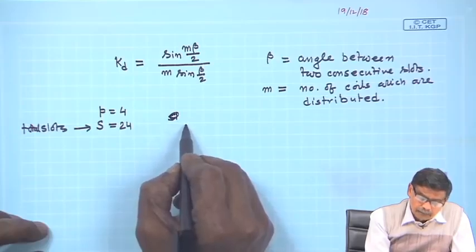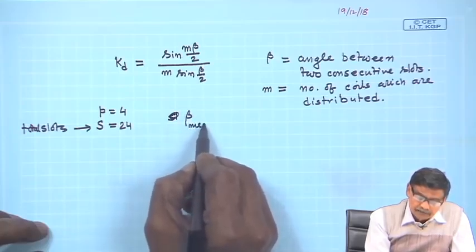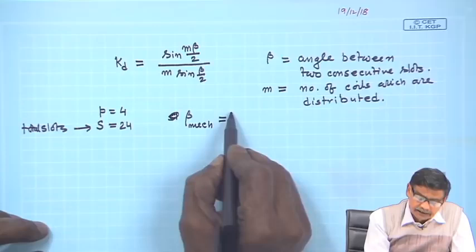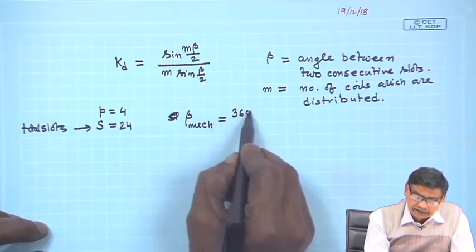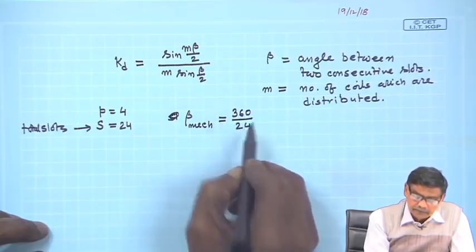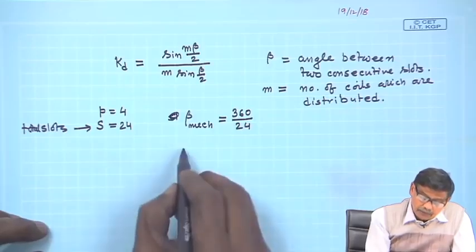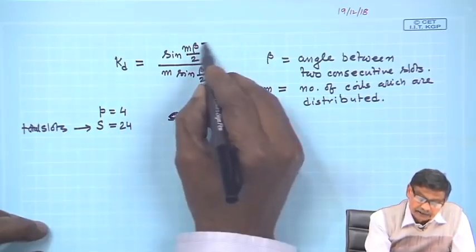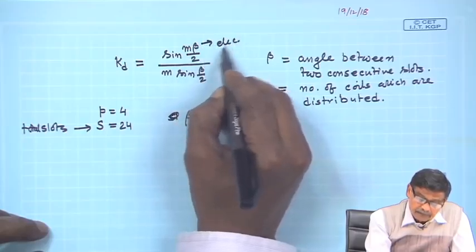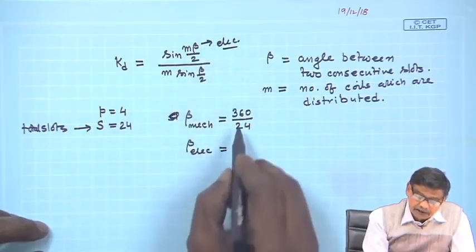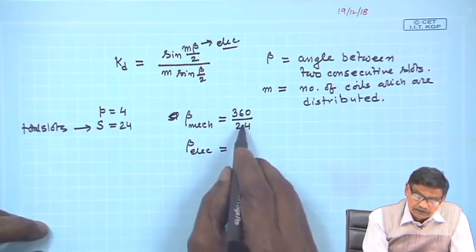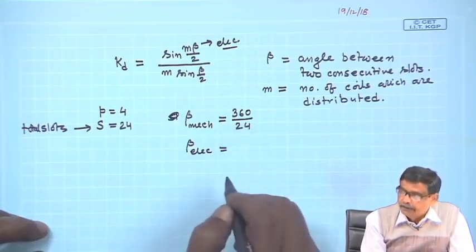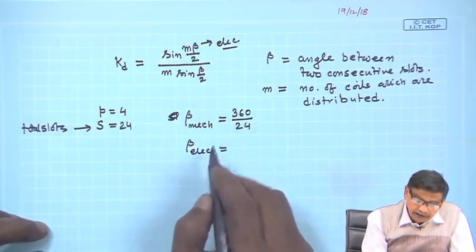Therefore, beta mechanical will be simply 360 by 24, and of course, I need beta electrical. This is the electrical angle, so the mechanical angle must be multiplied by P by 2.